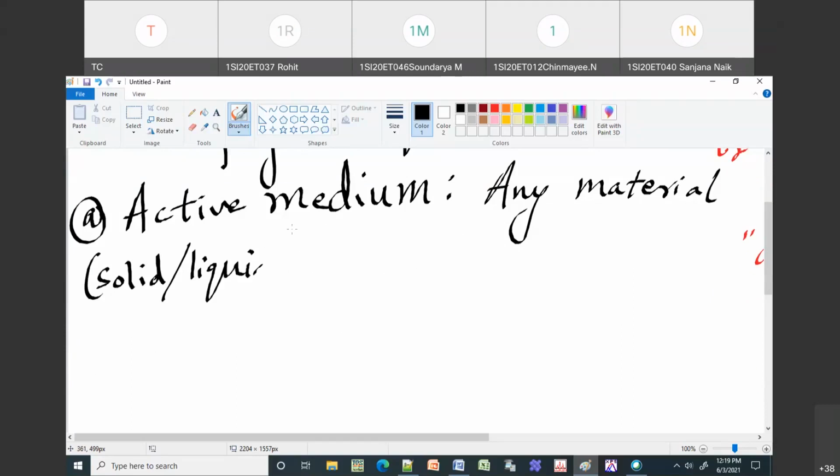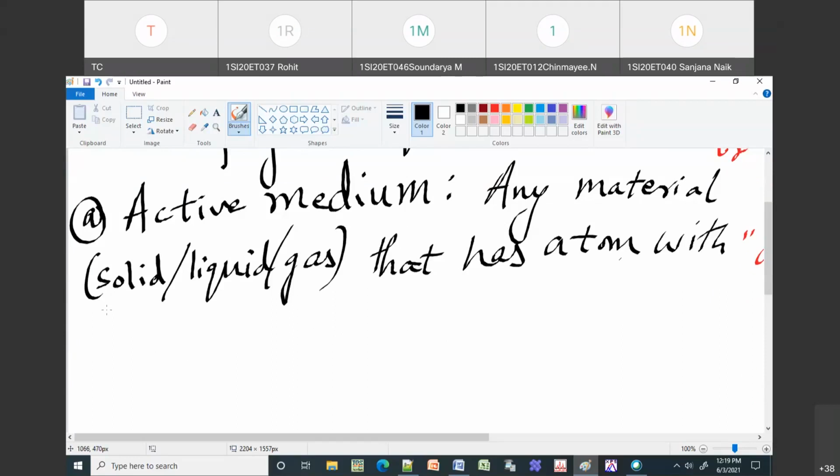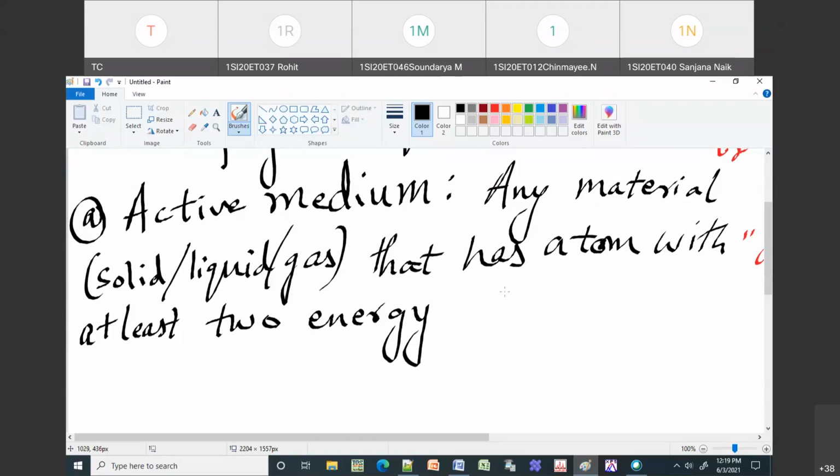It is a material that has atoms with at least two energy levels, like E1 and E2. If it is more than two, it's good, not a problem, but it should have a minimum of two energy levels. That becomes your active medium.